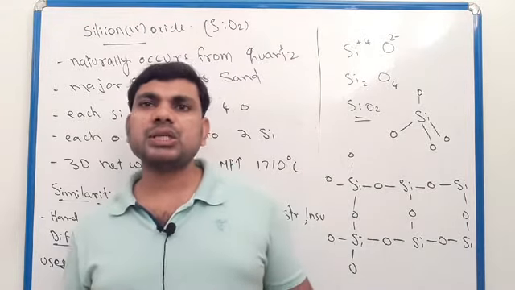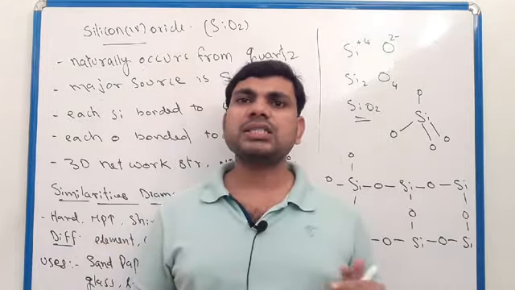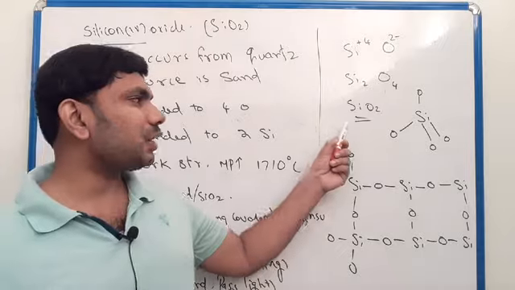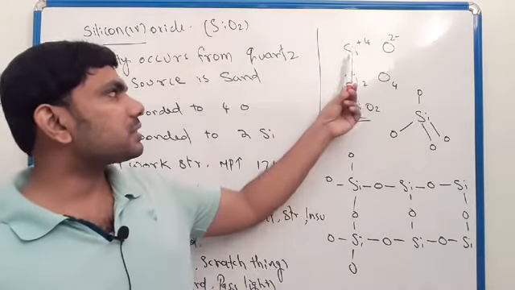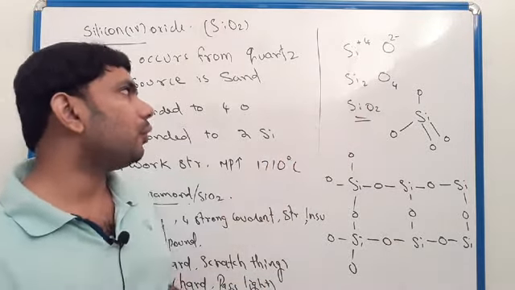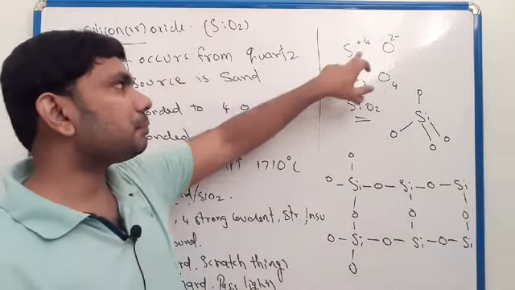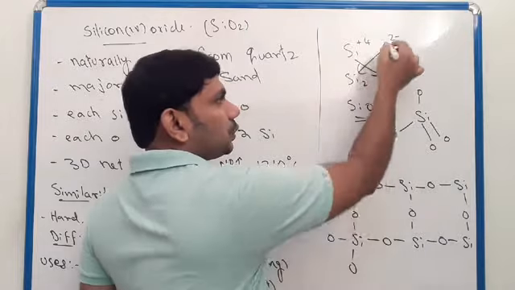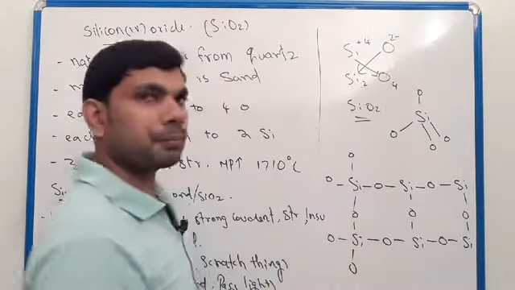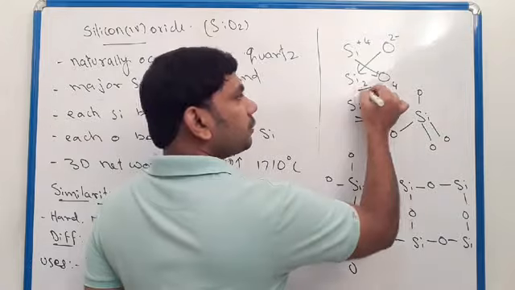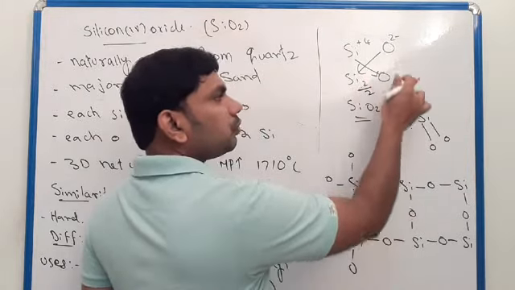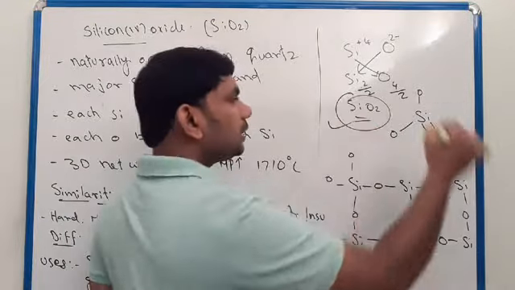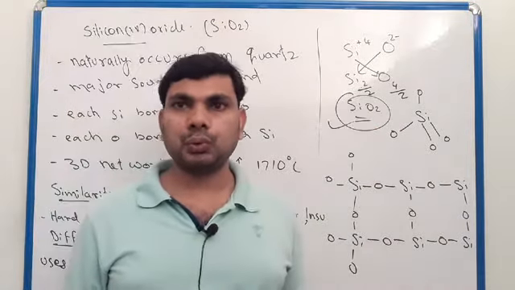See here the valency of silicon is 4, valency of oxygen is 2. Si is plus 4, oxygen minus 2. So we can cross multiply this. So here it will be 2, here it will be 4. After simplifying with a common number, 2 by 2, 4 by 2, it will be Si1O2. So the formula of silicon oxide will be SiO2.